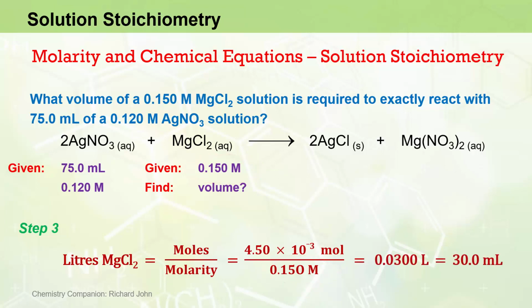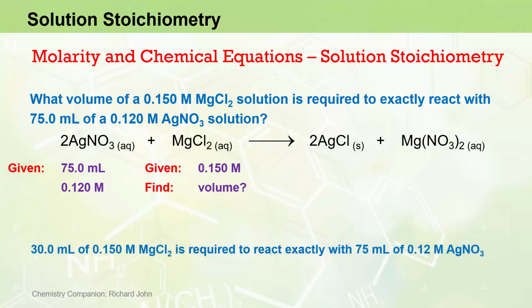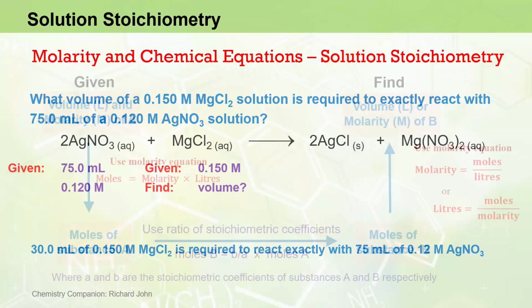Plugging those numbers into our calculator, we get 0.0300 litres, which we can convert to 30.0 millilitres if required. So in summary, the answer to this question is that it takes 30.0 millilitres of 0.150 molar magnesium chloride solution to react exactly with 75 mL of a 0.12 molar silver nitrate solution.